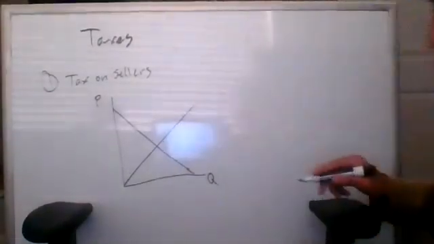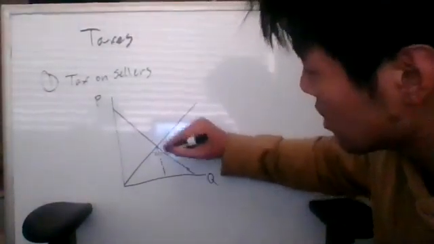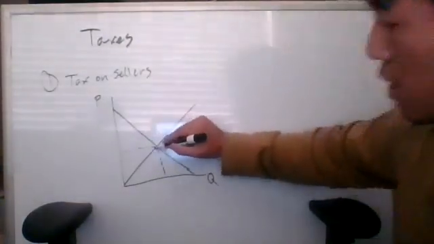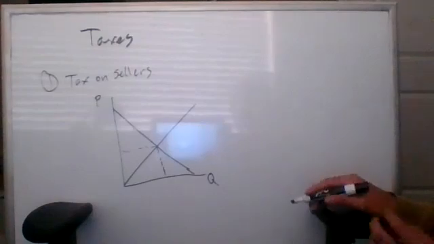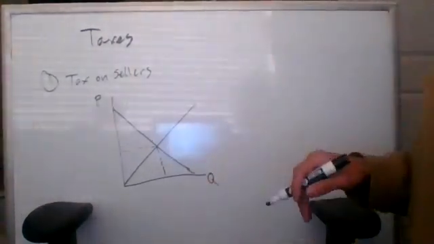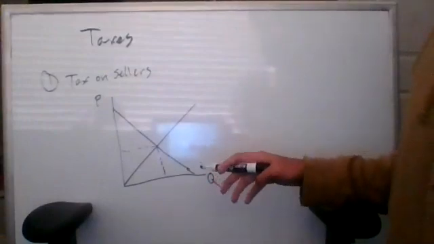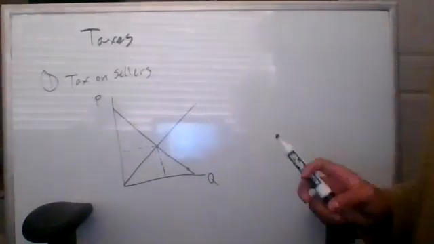Currently, the equilibrium price and quantity are where the supply curve and the demand curve meet, okay? So let's say we have a tax on the sellers. A tax on the sellers means that the supply curve is going to have to shift upwards, okay?